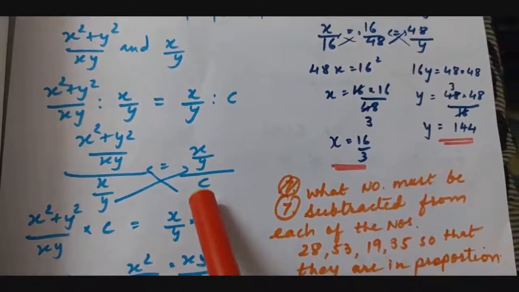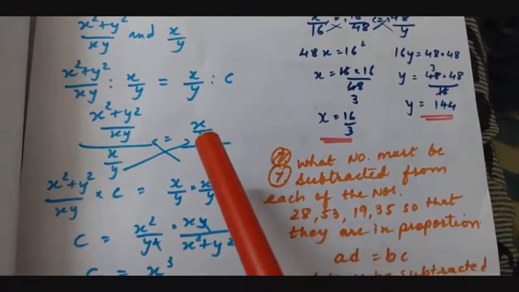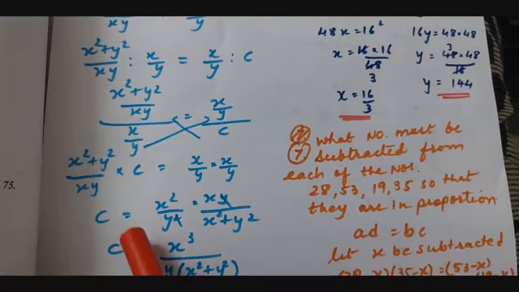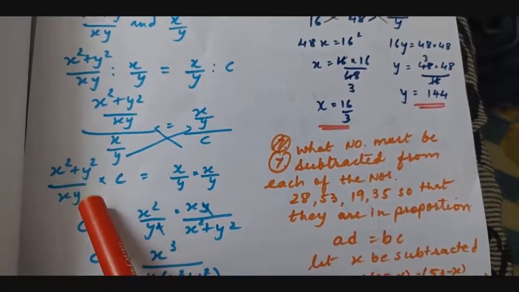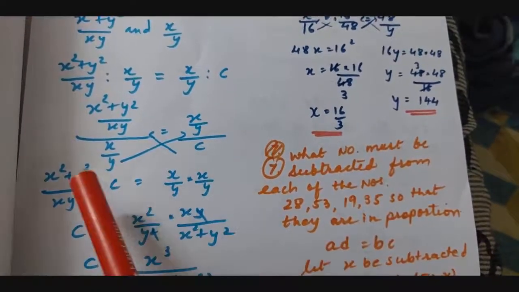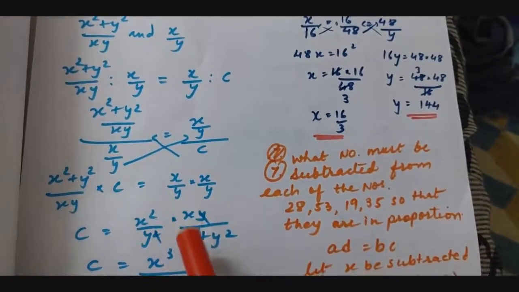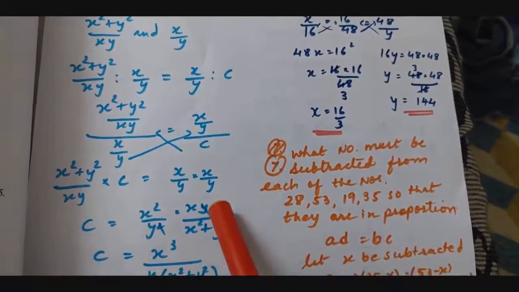You see C comes with this term and xy with xy. So C is equal to x square upon y square. Now here this term, cross way, xy comes up and x square plus y square comes down. So here 1 y cancelled.